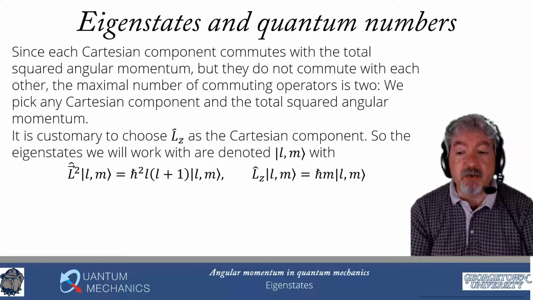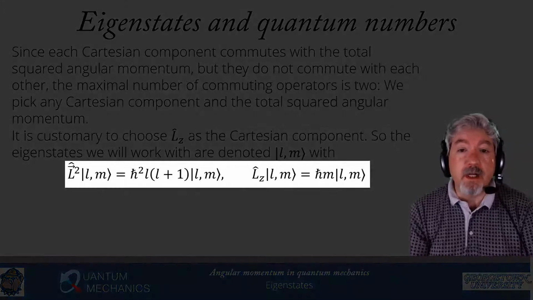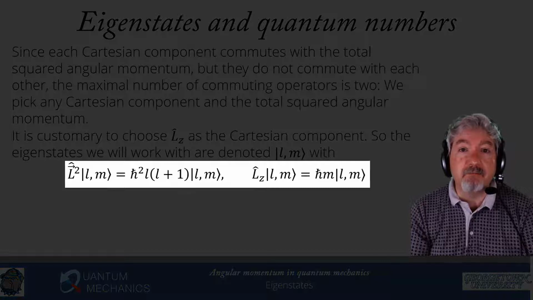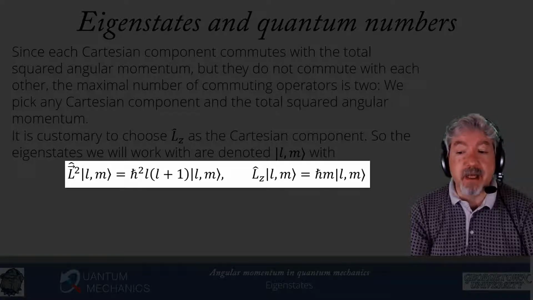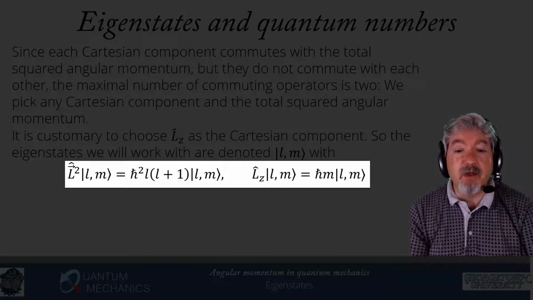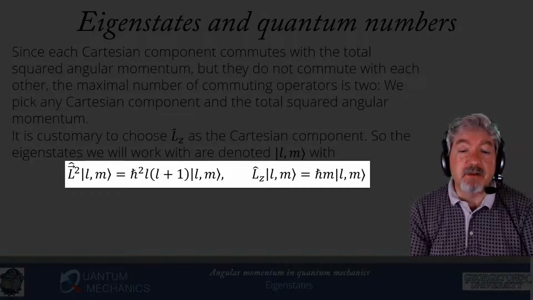That gives us 2 quantum numbers, one corresponding to the eigenvalue of the total squared angular momentum. That eigenvalue we're representing with L, but I'm going to tell you exactly what that eigenvalue is in just a second. And the other one is represented with m, and that corresponds to the eigenvalue under Lz.